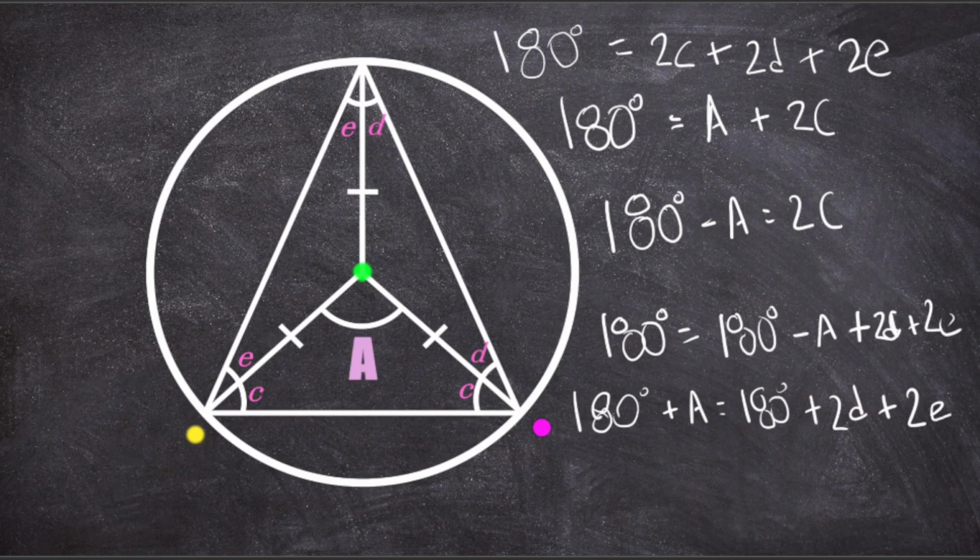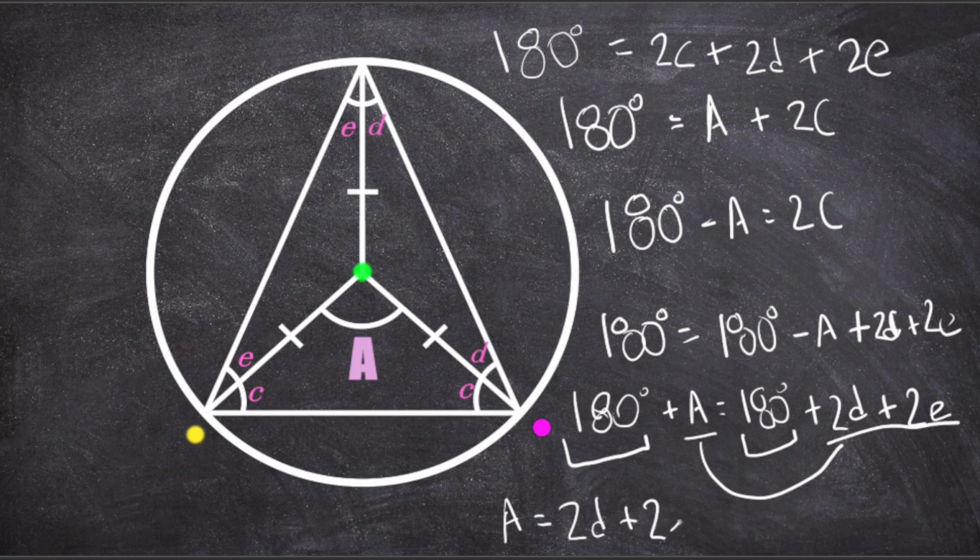Now notice on both sides of the equation you have two elements that are exactly the same. You have this and this. So if this is the same as this, then whatever's left must be the same as well. And we have that A must be equal to 2D plus 2E.